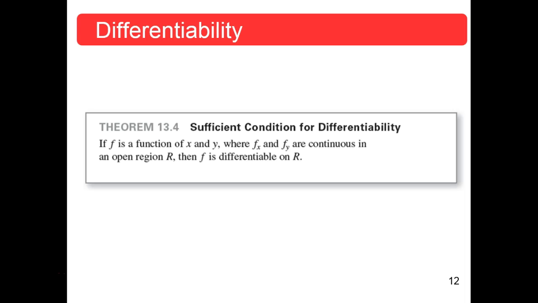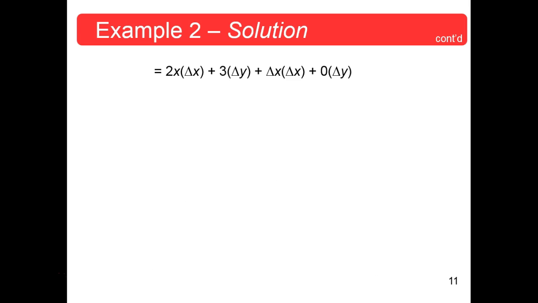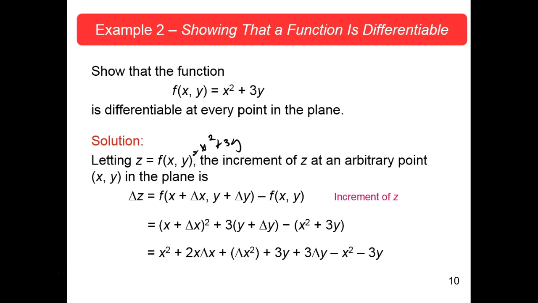And we've already introduced, go back a little bit further. It's the last thing we did last time. The delta Z is when you change your X a little and your Y a little, and how that changed the function, okay?